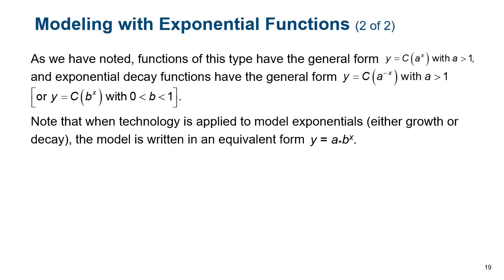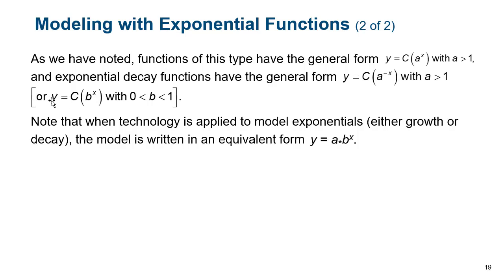We noticed that functions of this type have this general form of f of x equals c times a to the x, where a is bigger than 1. And if we're doing decay, then x is just a negative. We still make a greater than 1.